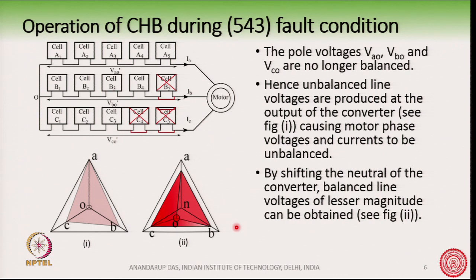If we get a balanced line voltage at this point here, then the motor will not see any difference, because the motor will not even understand that there is a fault inside the converter, because the motor phase voltages will become balanced again.